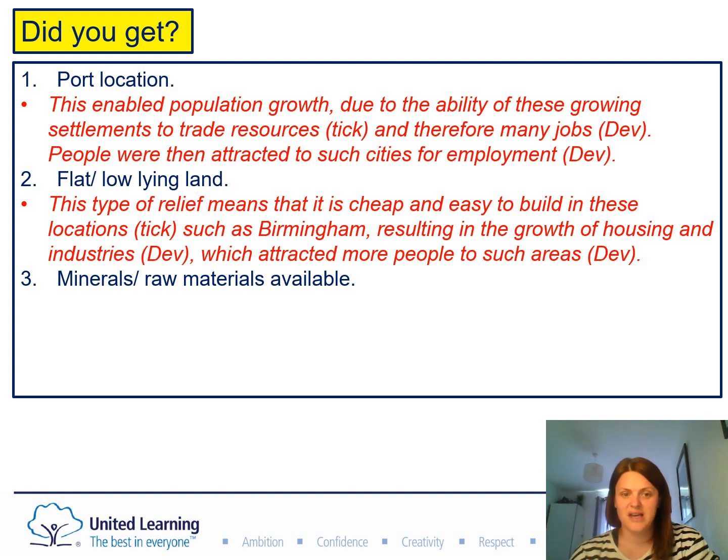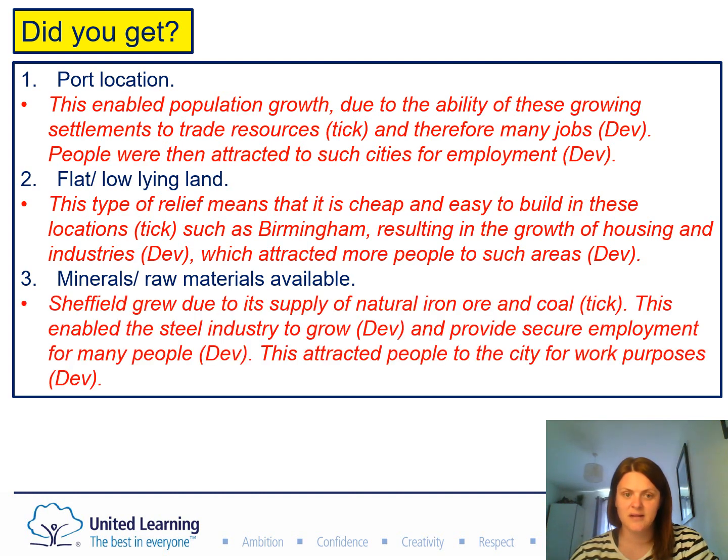Minerals and raw materials, so mines. Sheffield grew due to its supply of natural iron ore and coal. This enabled the steel industry to grow and provide secure employment for many people. This attracted people to the city for work purposes. Okay, so when all of these mines were open at the turn of the last century, people flocked to those industries because it was good work.